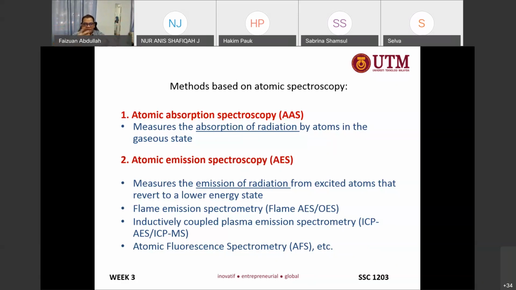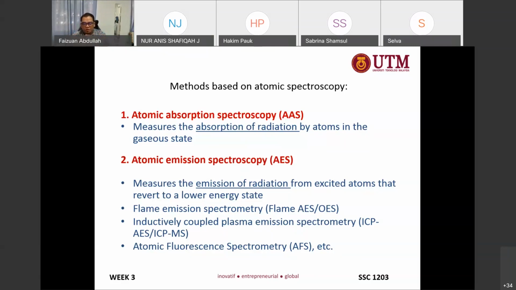So AAS is more sensitive; we can detect even at low concentration. But for AES, because the detector detects the emission of energy from the excited atoms of the metals, the sensitivity is quite low, so we need a high concentration of sample to use atomic emission spectroscopy.